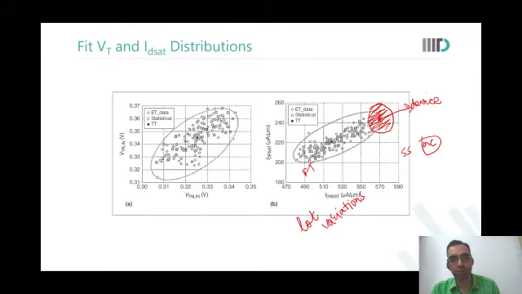Excuse me, sir. So for this left graph, that is the lot variation? Yeah, left and right both are lot variations only. But on the right one, I've just made this red circle, which is device variations. So what is the y-axis in both of them?